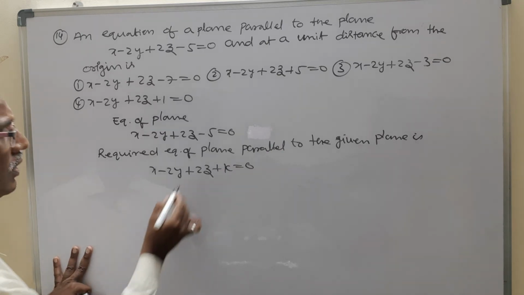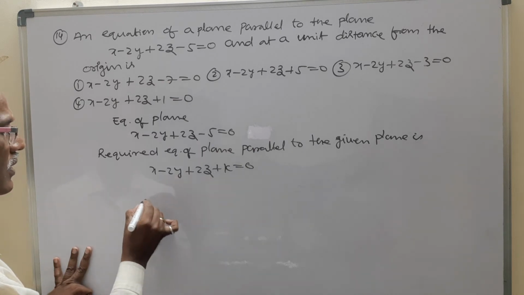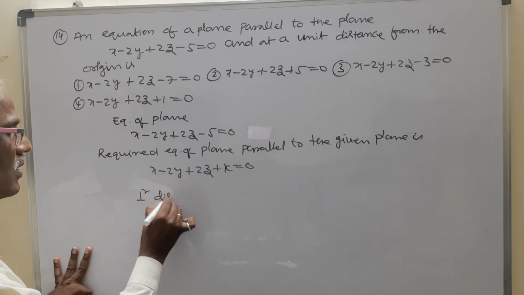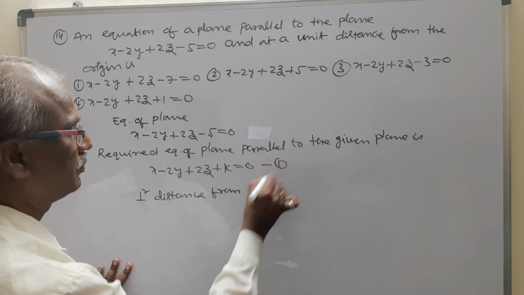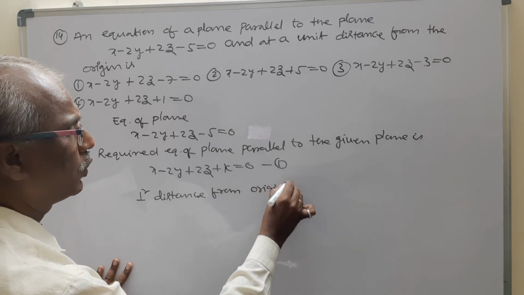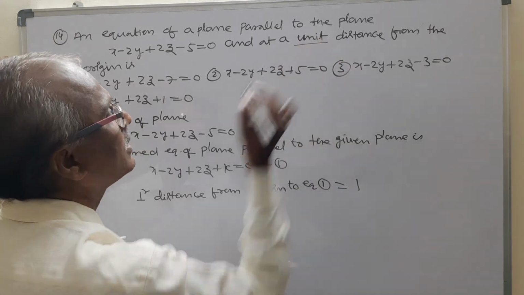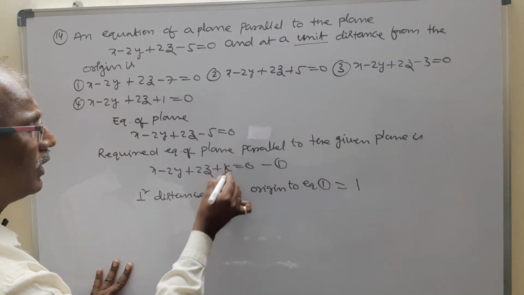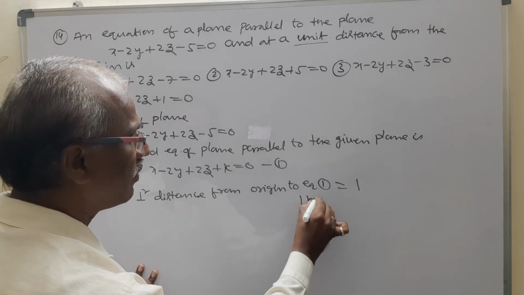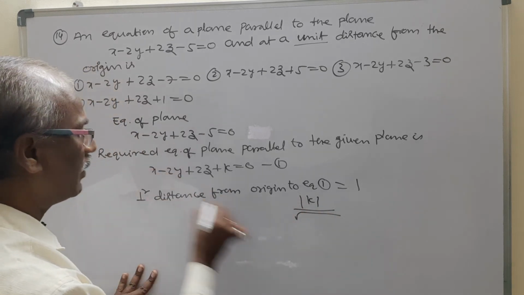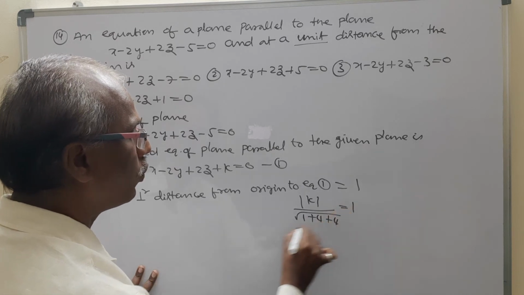Here the perpendicular distance from the origin to this plane equals 1 unit. Mod d by root of a square plus b square plus c square, with d equal to k: modulus of k by root of 1 square, (-2) square 4, 2 square 4, equals 1.